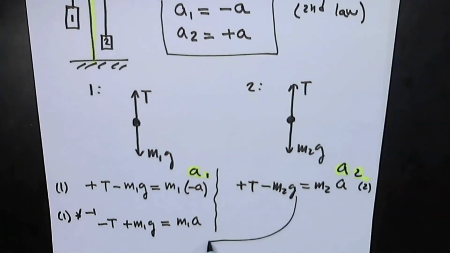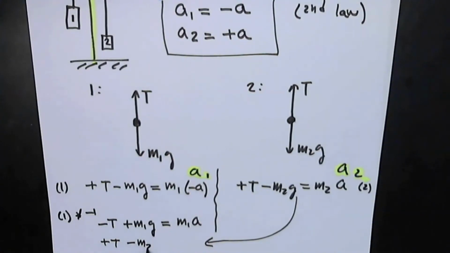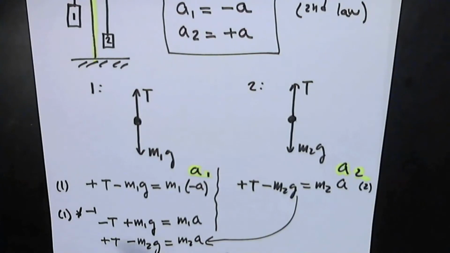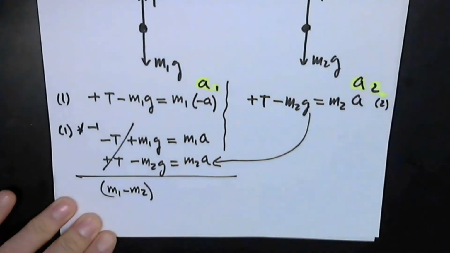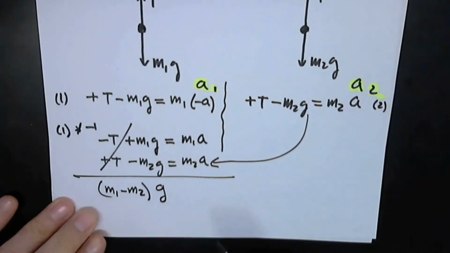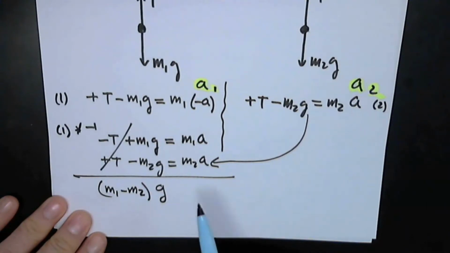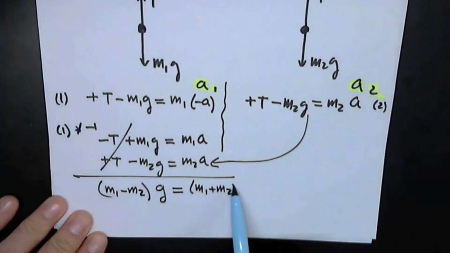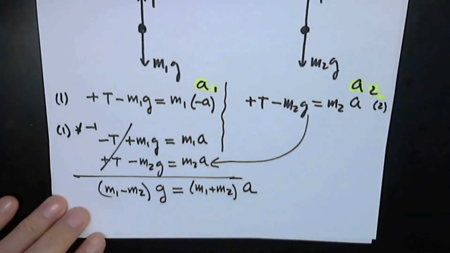So let me put this one over here. And this cancels out and I get M1 minus M2, common factor G, equals M1 plus M2, common factor A.